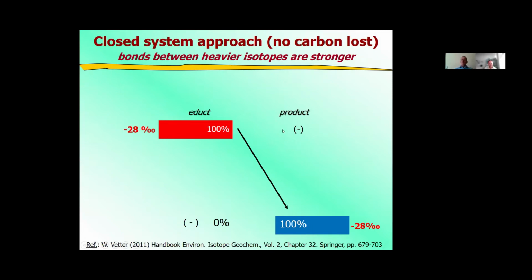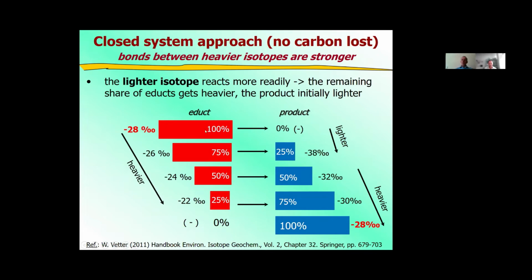But if you look at the progression of a reacting compound, as I told you, there are stronger bonds between heavier isotopes. That means the lighter isotope is reacting first. So when the reaction is not complete but only in part, the educt is steadily getting heavier until it is fully consumed.